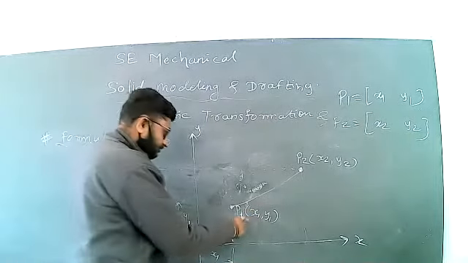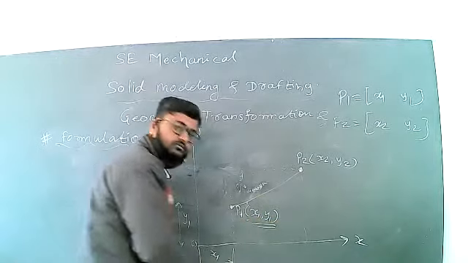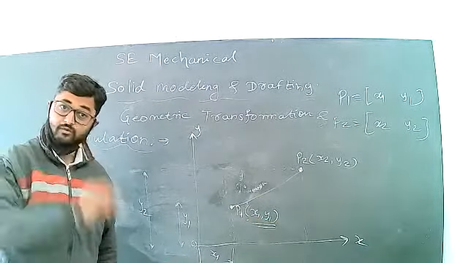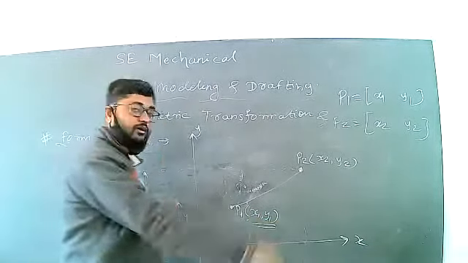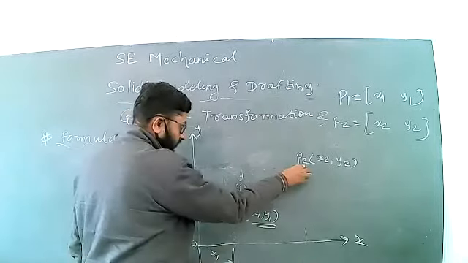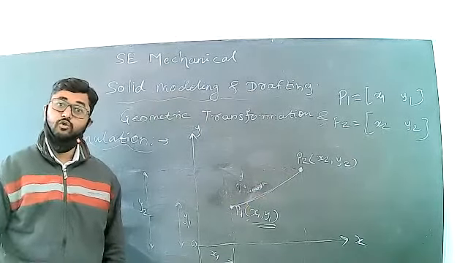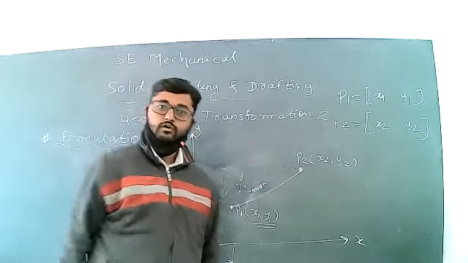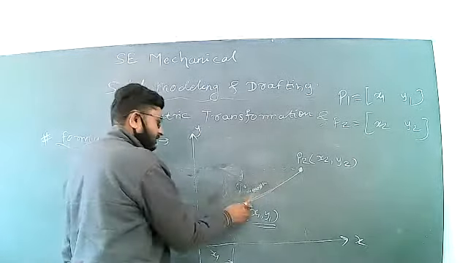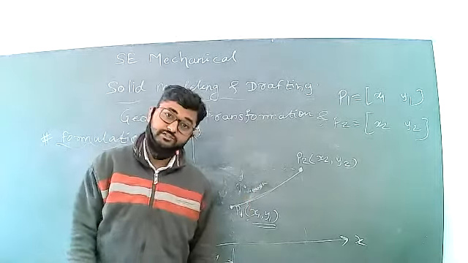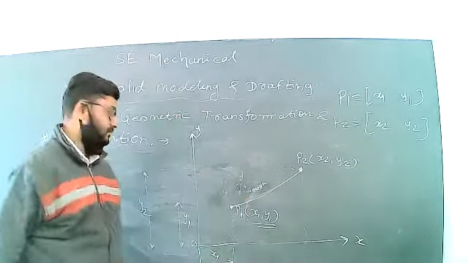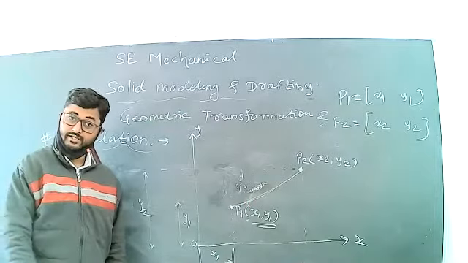Formulation means when I change the values of x1 and y1, or x2 and y2, the shape or size or location of this object gets changed due to certain distance. That is called as formulation.